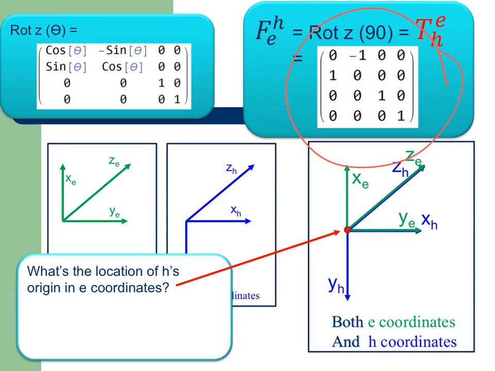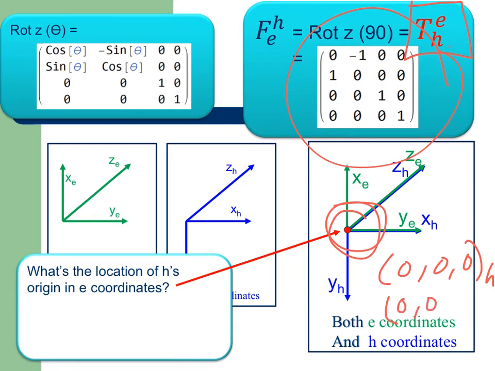So let's use this matrix to do some sanity checks. If I want to transform a point in H coordinates into E coordinates, and I want to actually transform this point right here, the origin, well, what's the location of the origin in both coordinate frames? Well, it turns out that in the H coordinate frame, the location is 0, 0, 0. I'll just put the subscript on that to show that I'm doing this relative to H. And it's also going to be 0, 0, 0 of E, right?